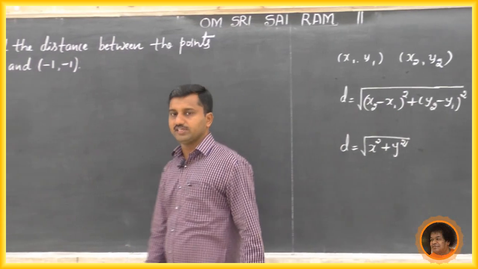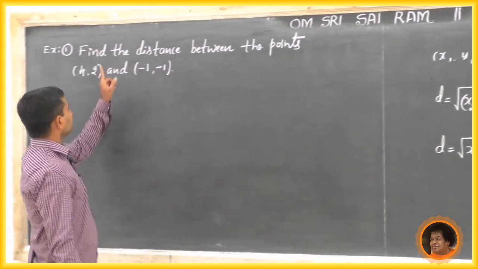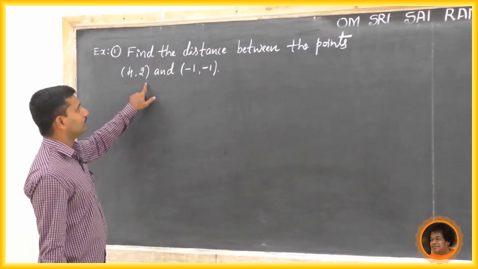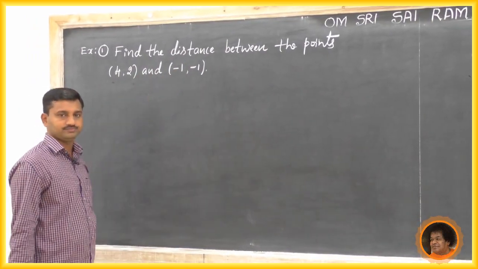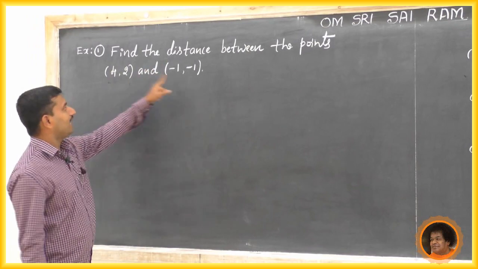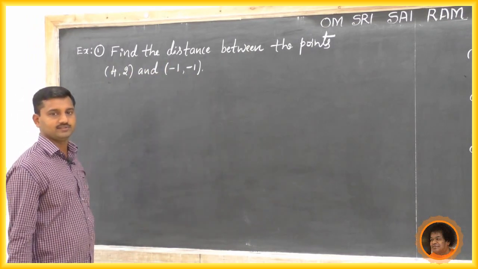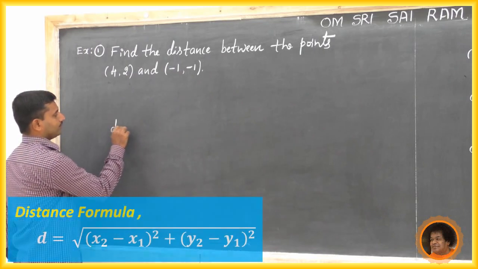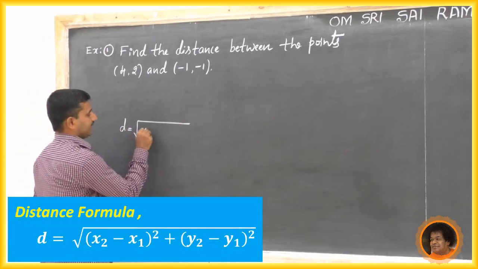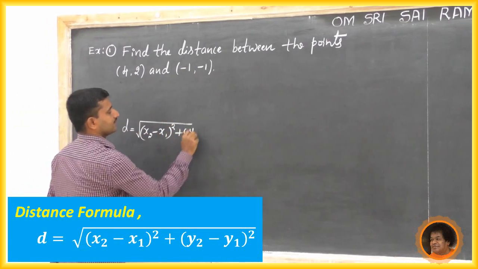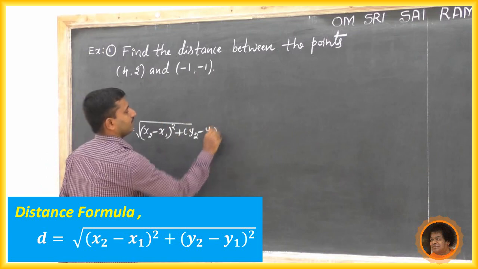Let us consider the first example. Find the distance between the points 4, 2 and minus 1, minus 1. Here the two coordinate points are given. Let us apply the distance formula: d equal to the square root of (x2 minus x1) whole square plus (y2 minus y1) whole square.